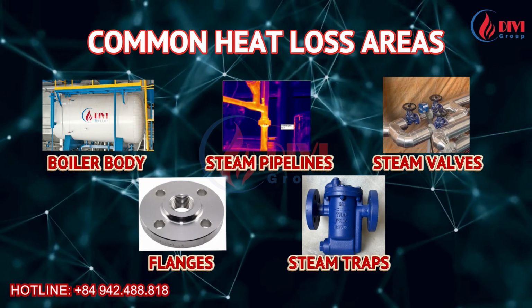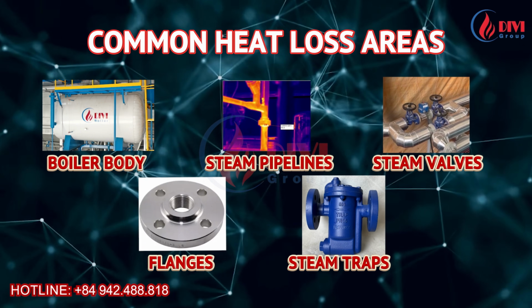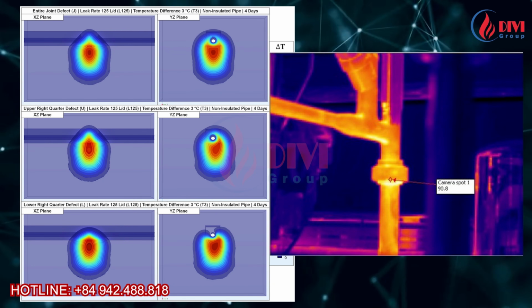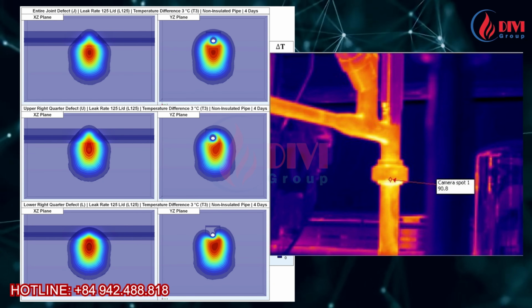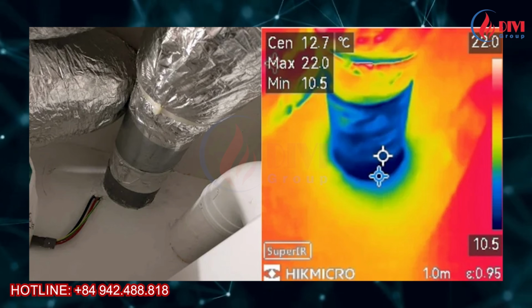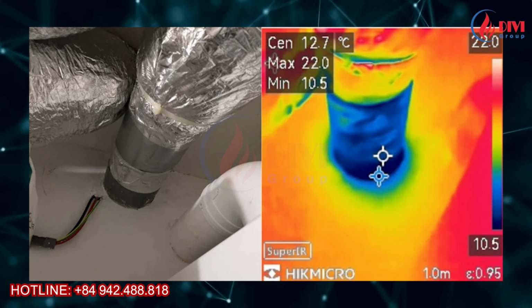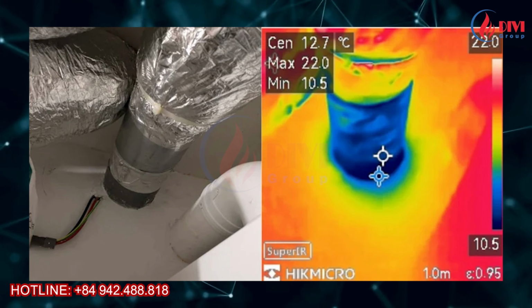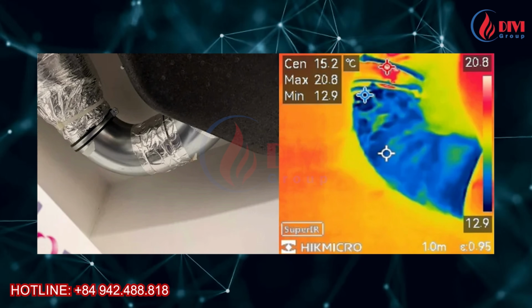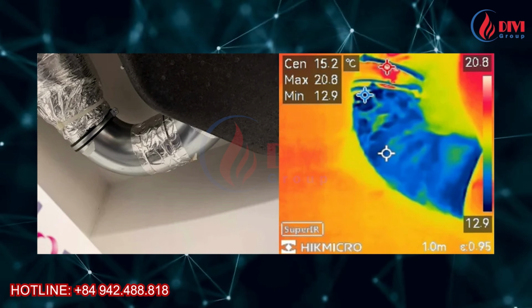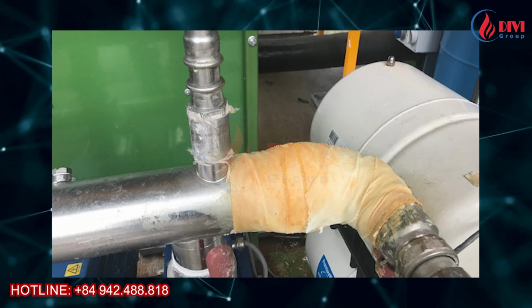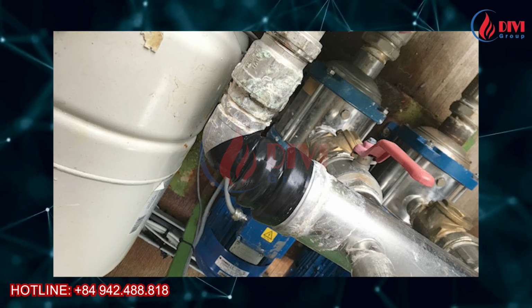If insulation is poor, heat continuously escapes into the surrounding environment. Many people assume this heat loss is insignificant. In reality, this means you are burning fuel just to heat the factory air instead of supporting production. Especially during cold or rainy weather, heat loss becomes even more severe. Repair insulation on the boiler, steam pipes, and condensate lines to reduce heat loss.